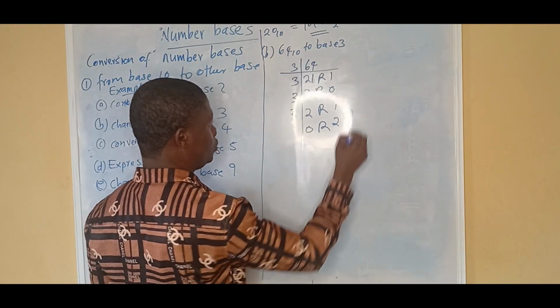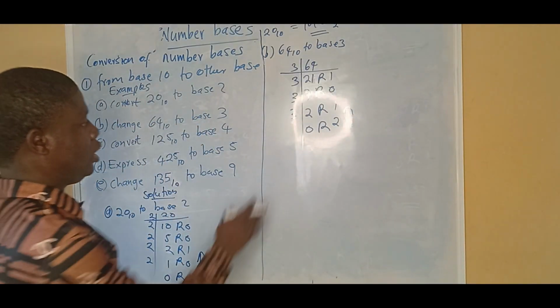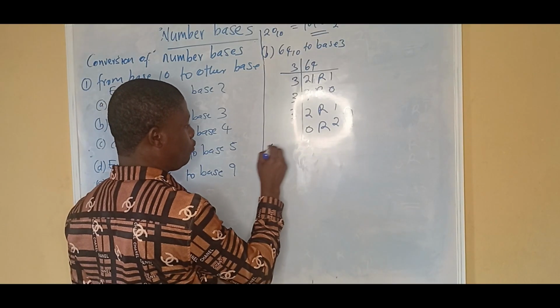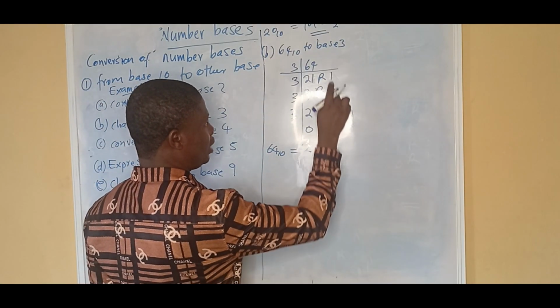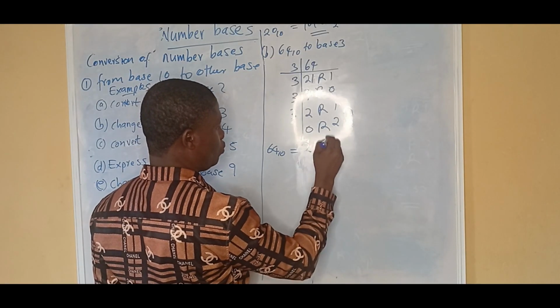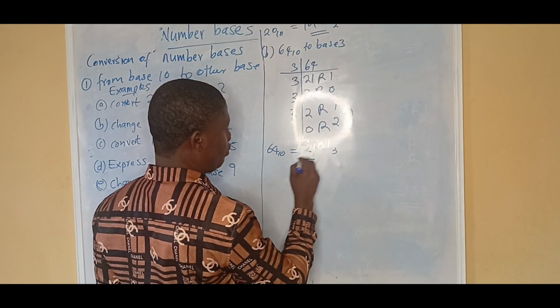So we'll count upward, okay? Here, our answer will be 64 in base 10 gives us 2101 in base 3. So this is our answer.